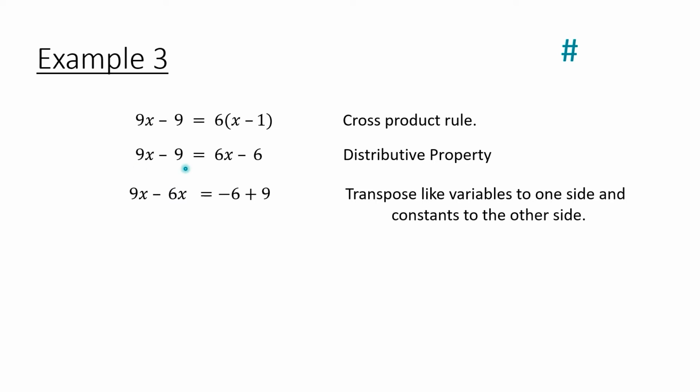Here we can see that the variables are on both sides of the equation. So transpose like variables to one side and the constants to the other side. So we get 9x minus 6x equals minus 6 plus 9. On solving, we get 3x equals 3 and x equals 1.